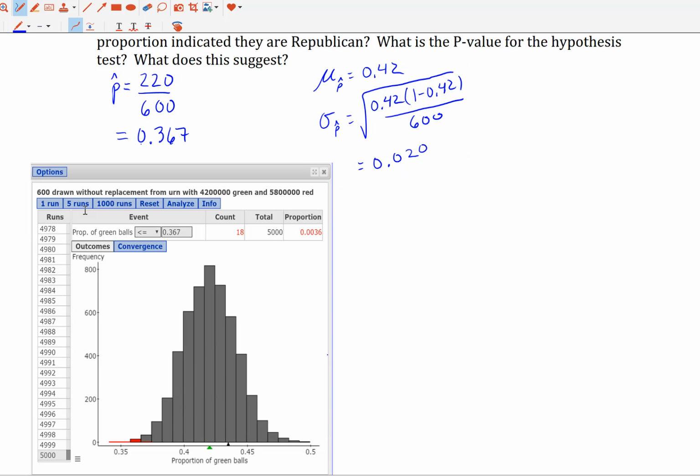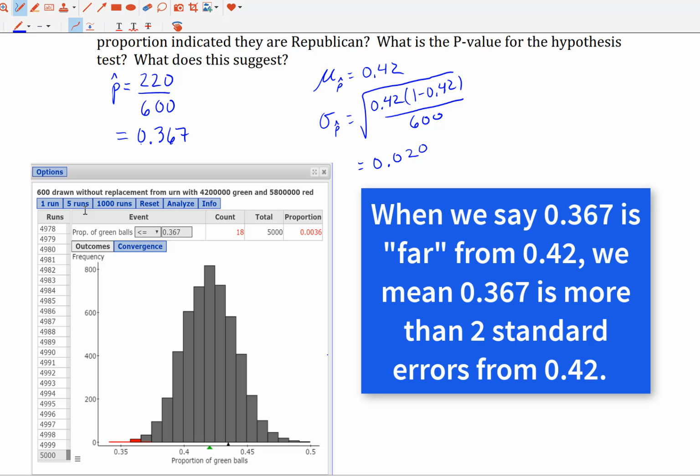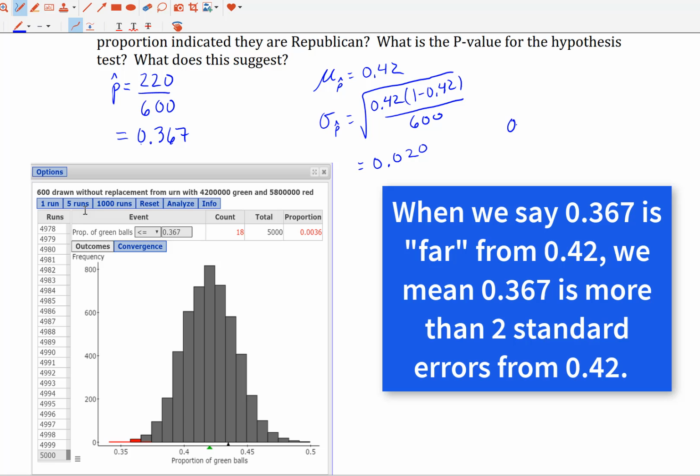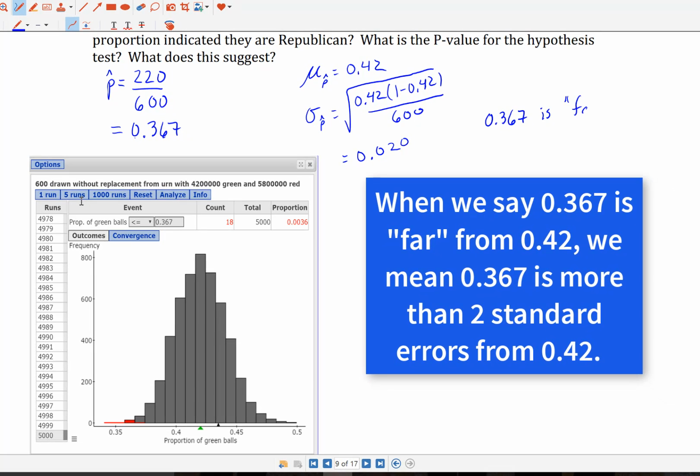Now if you think about it, 0.367 is pretty far from 0.42. And when I say far, I mean in terms of the number of standard errors.